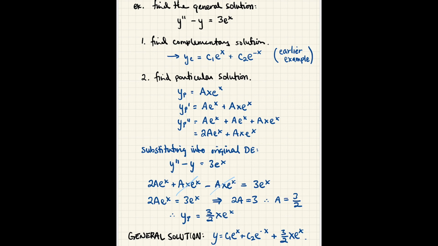So always go for the complementary solution first, then go to the particular solution, and once you've written out the trial, if you see any repeated terms from the complementary, then you need to just throw in an extra x factor in those particular ones, so there's no repetition.